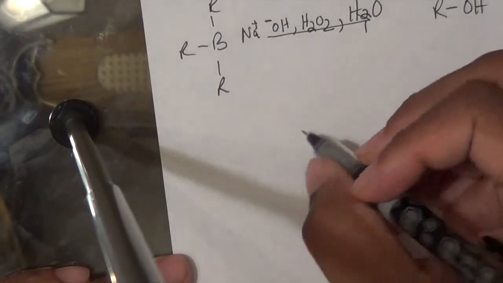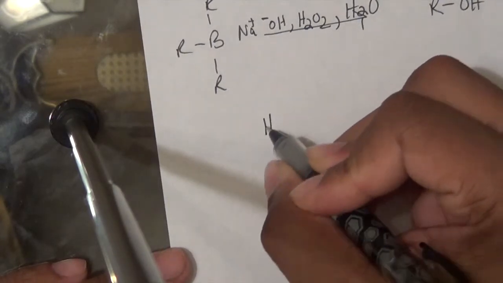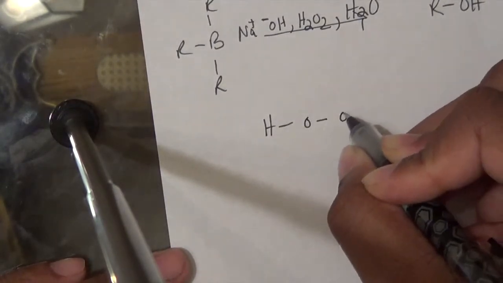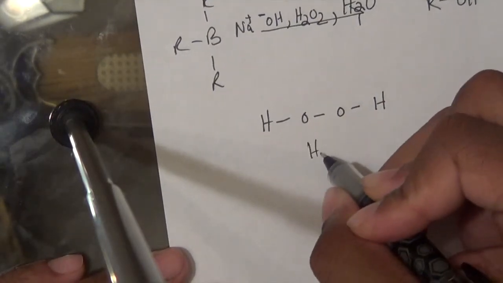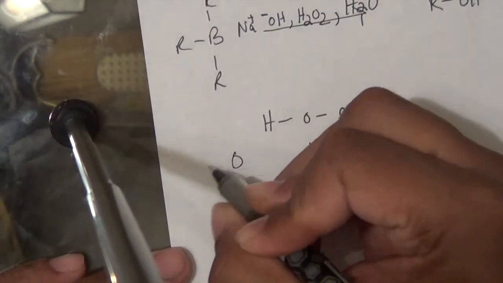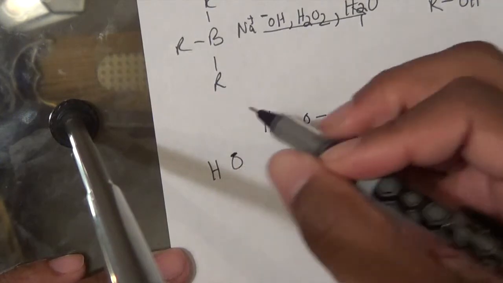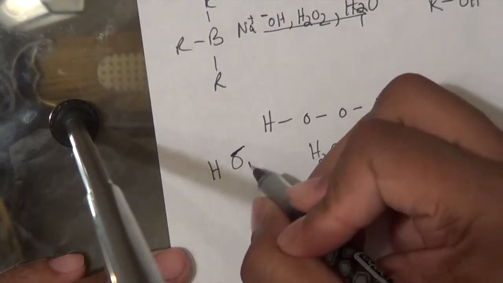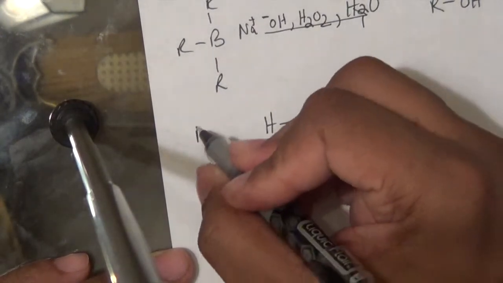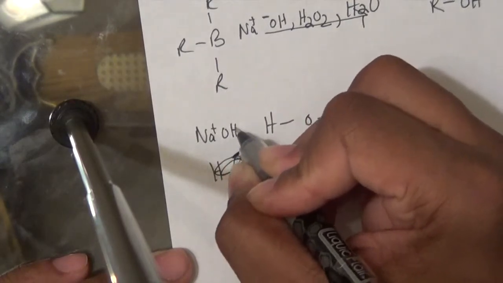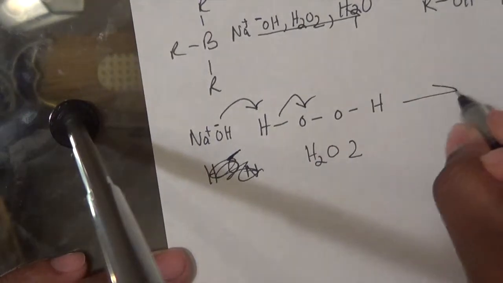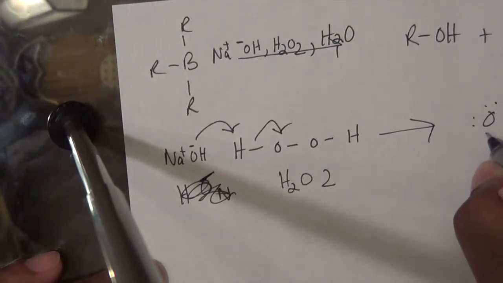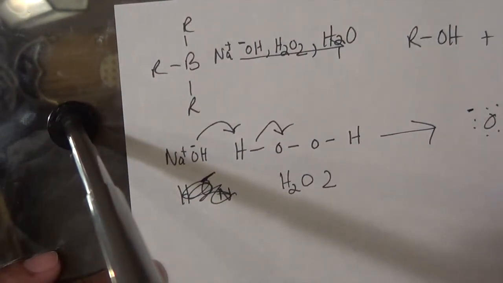So if we have this peroxide, H2O2, we have this hydroxide ion here, sodium hydroxide.